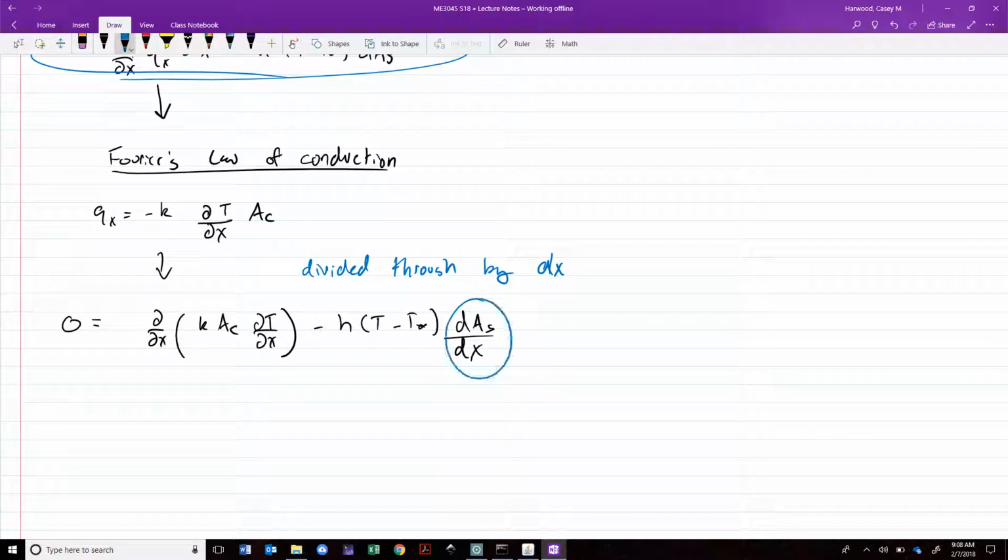So if we look at this term, let's consider our pin fin once again.